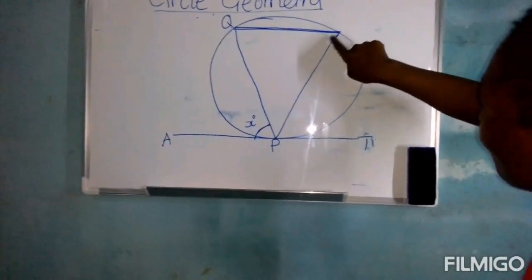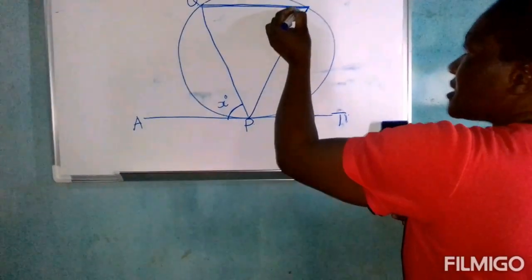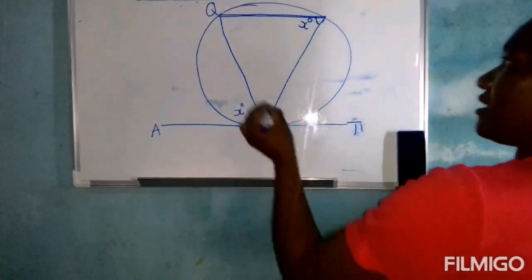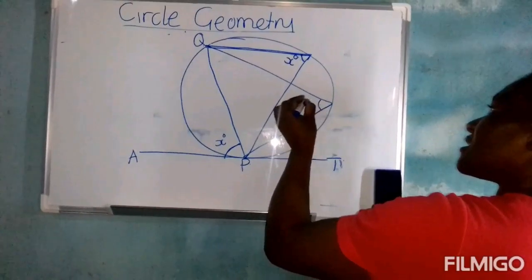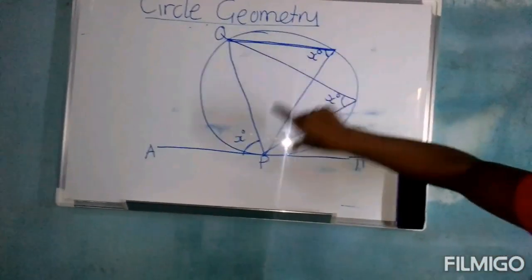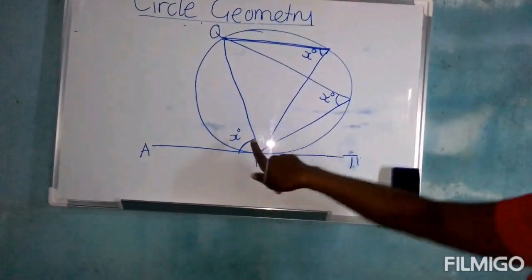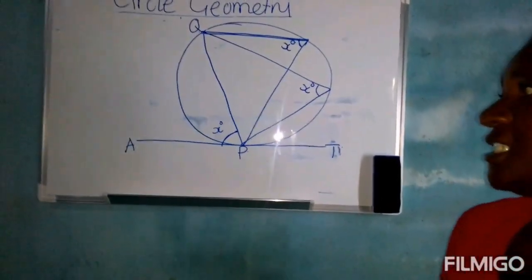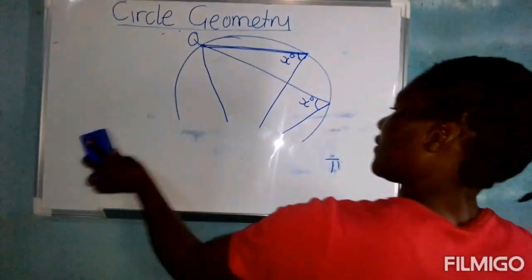This angle formed there, which has been subtended by this chord, is equal to x degrees. This angle is also x degrees. So any angle that has been subtended by that chord in the alternate segment is equal to the angle between the chord and the tangent. So that's our theorem.